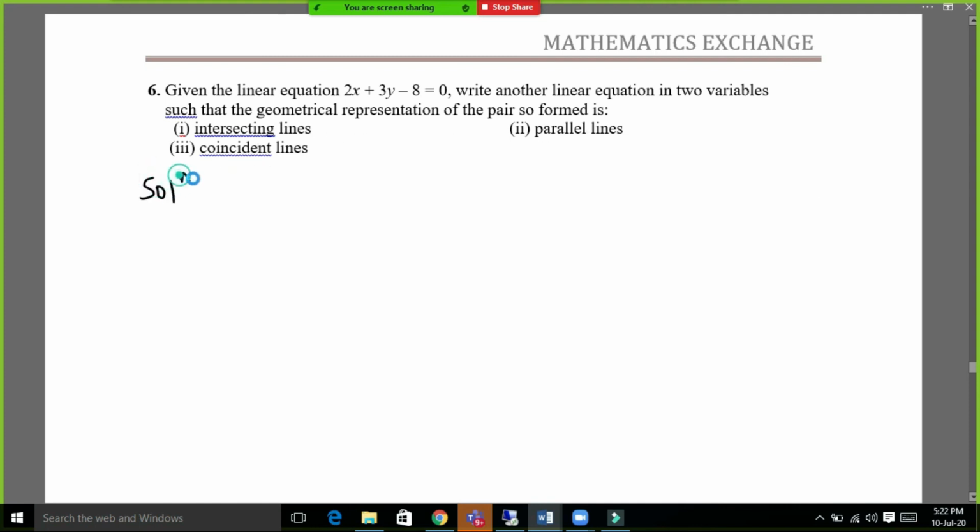We know the conditions for these, and we go by considering the a1, a2, b1, b2, and c1, c2 values.